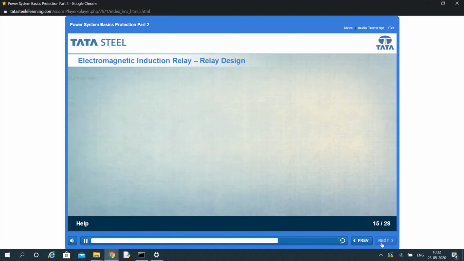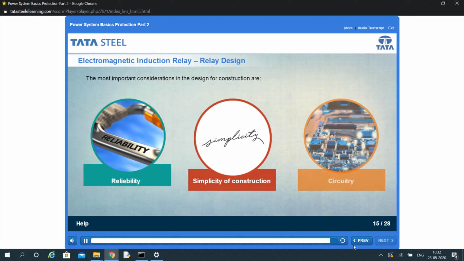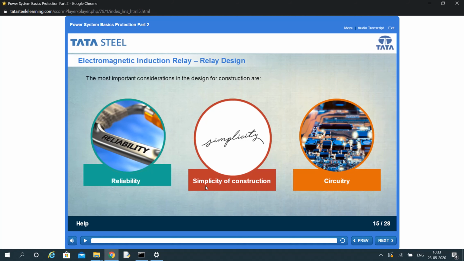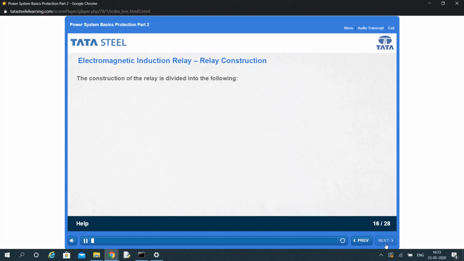The most important considerations in the design for construction are reliability, simplicity of construction, circuitry, and contacts.